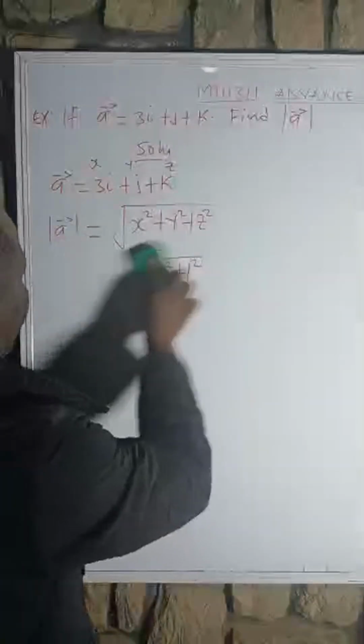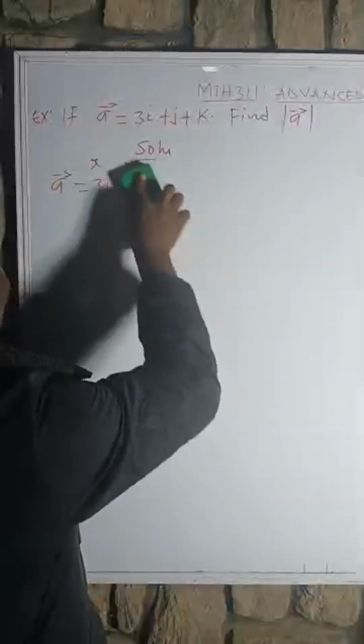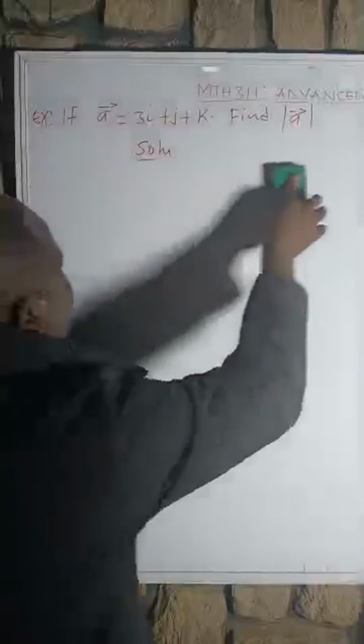Is that clear? How we can obtain angles between two vectors.